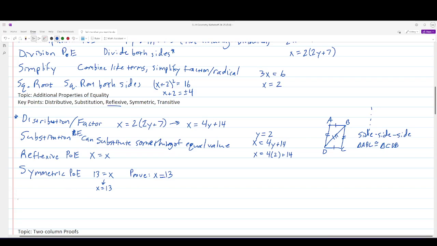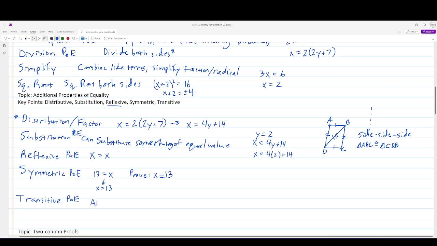And then finally, transitive, which I should do with substitution, but whatever. So transitive property of equality lets us chain things together. So basically the same idea as the law of syllogism.